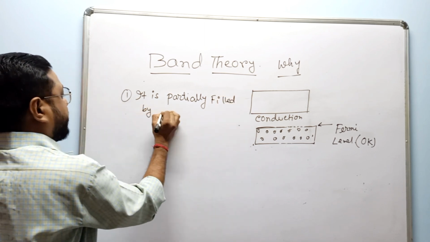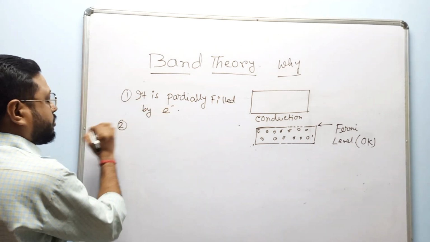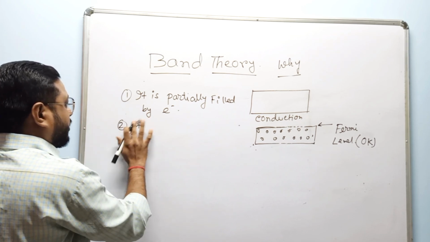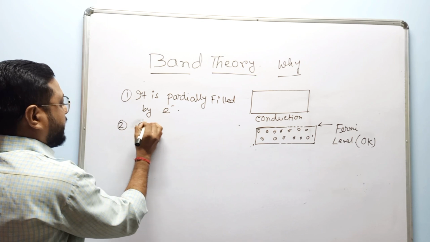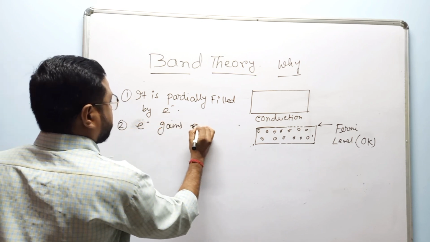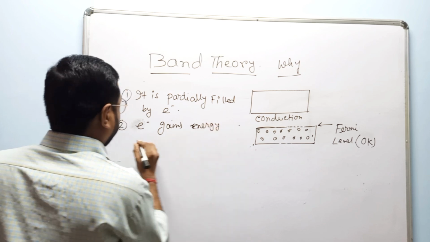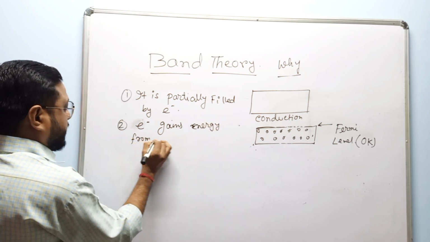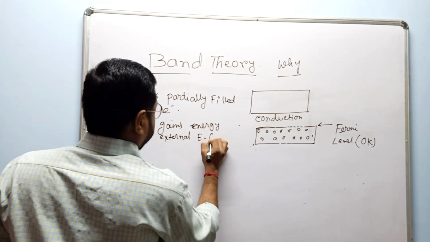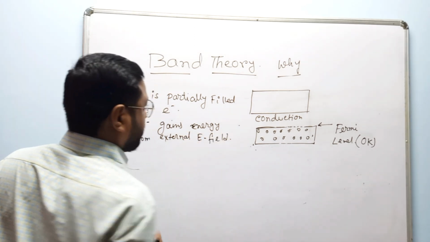By electrons. Number 2, electrons gain energy from an external electric field. Okay.